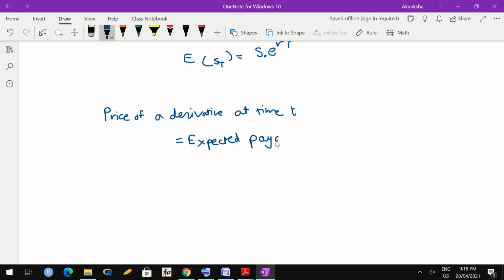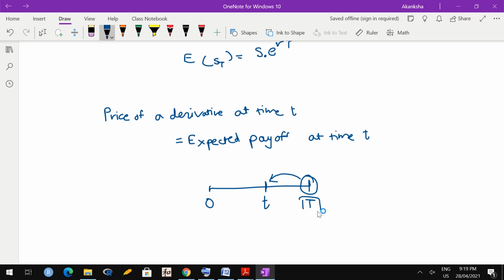Of course, when we are talking about derivatives like European options, which cannot be exercised at an in-between time point, how does this work? No payoff is going to happen here, so we compute the expected payoff here, and then we discount it back for this time lag. That gives me the expected value of payoff at this time point.